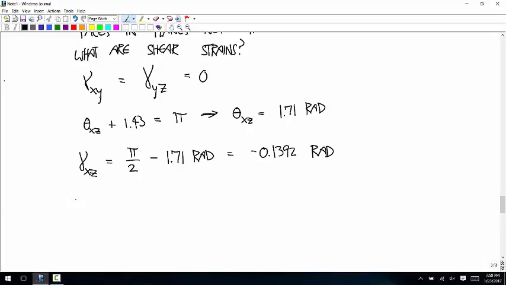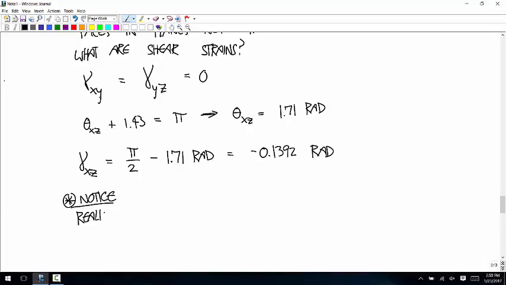One thing to notice again: that value, like all of these examples, is way too high for our purposes. No material is still in its linear range, behaving elastically, with a strain that big.